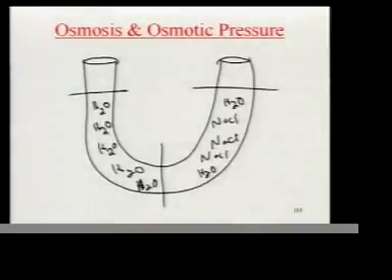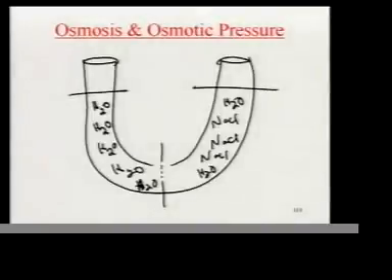All right. What if I did this? Whoa. Too big. What if I created a situation where I put a semi-permeable membrane, a membrane with tiny little chemicals maybe, or tiny little holes, whatever, something that allowed water to go through, but not salt ions?